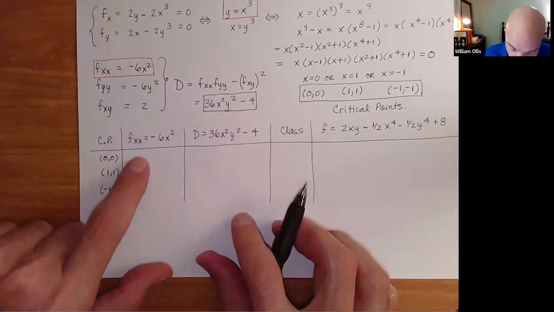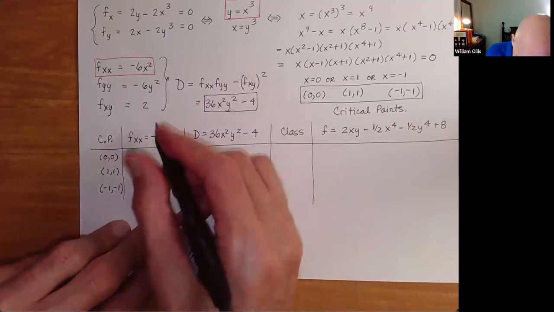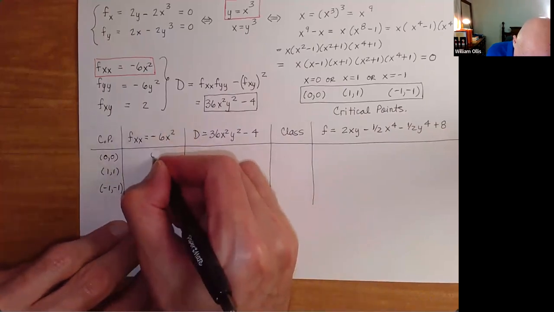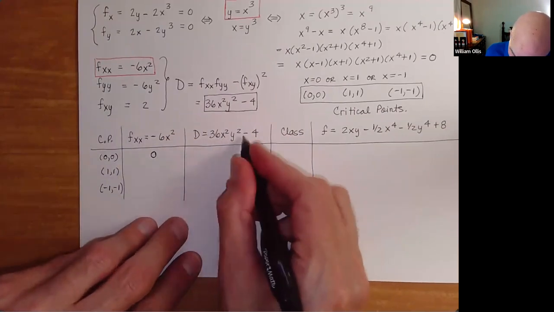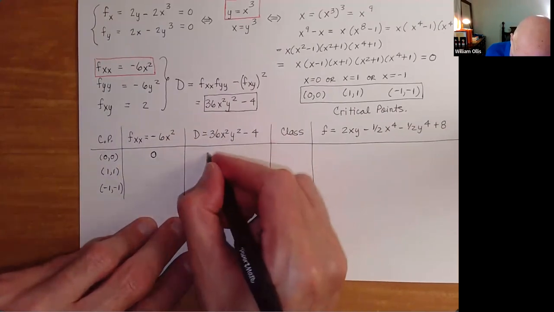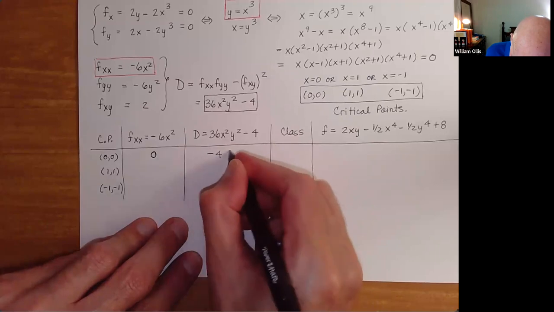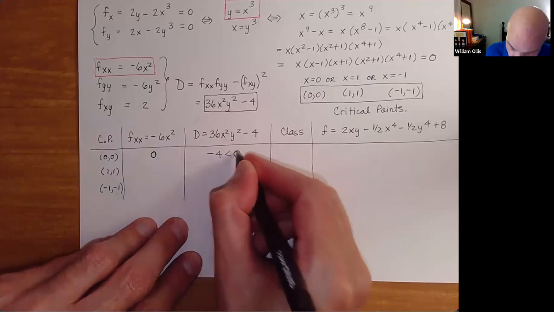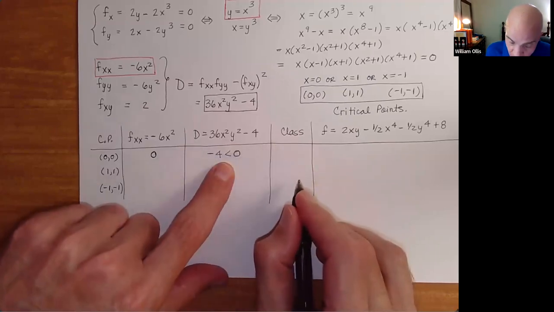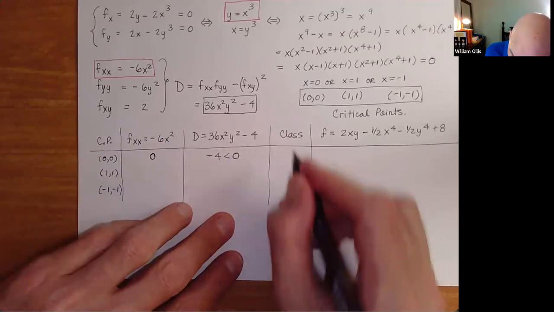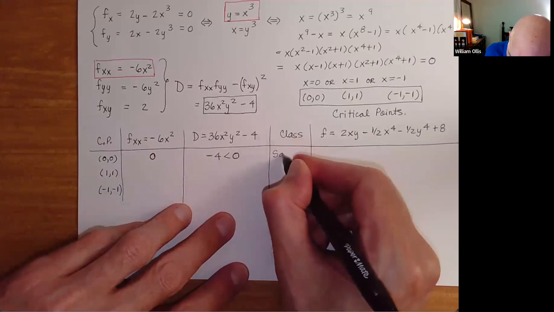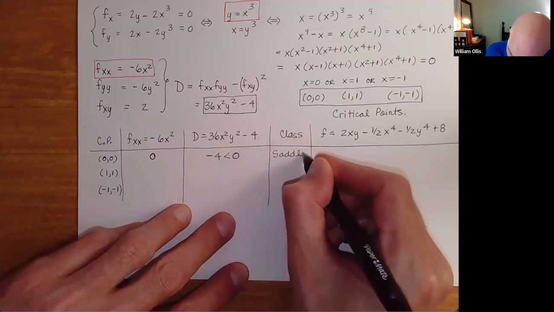And of course, now when we use 0 here, we just get fxx is 0. And then for D, we have 0 minus 4, which is -4. So this is less than 0. So we know from the second partials test that when D is negative, irrespective of the second partial with respect to x, we get what we call a saddle point. So I'll just put saddle.